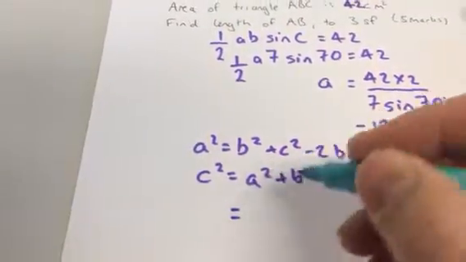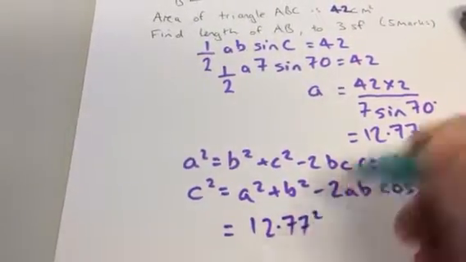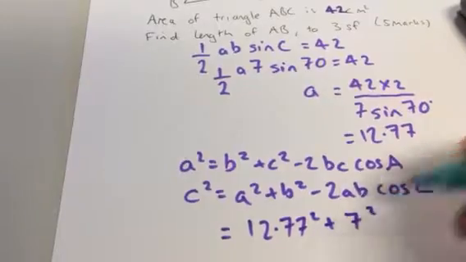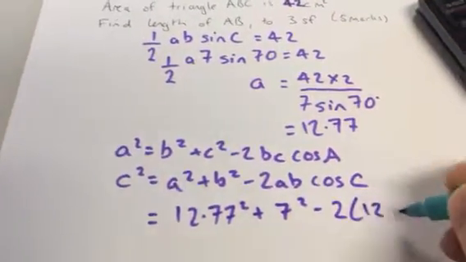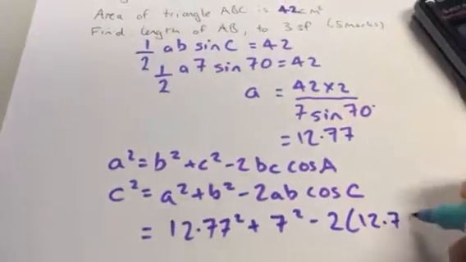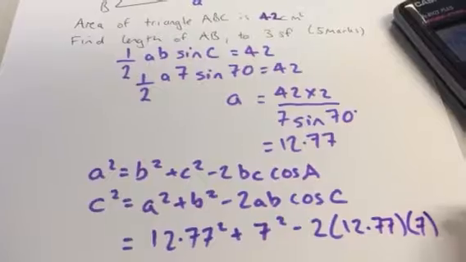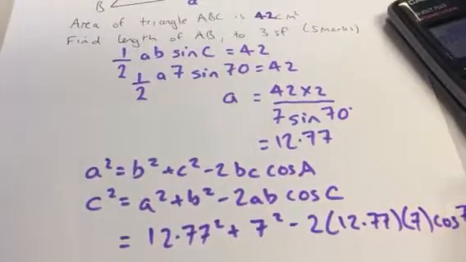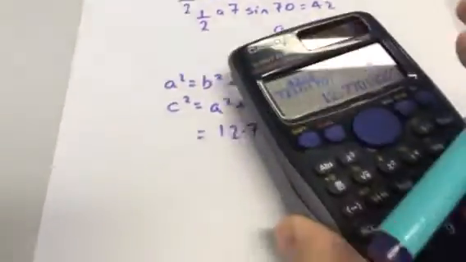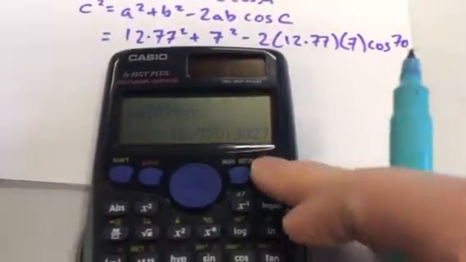So c squared equals the new answer that we've got, plus 7 squared minus twice that new answer, which I'm going to keep in my calculator so I can use the whole value of it, times 7 times cos of angle 70. And I should be able to set that all out in my calculator in one step using my answer button.